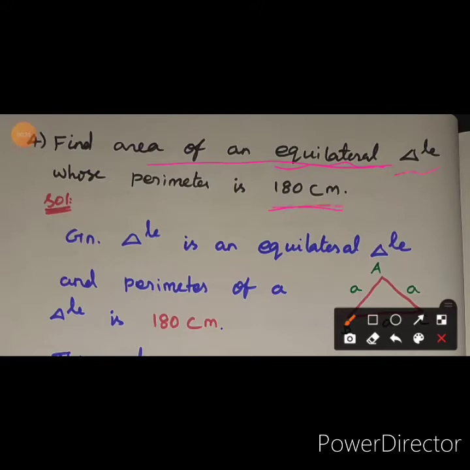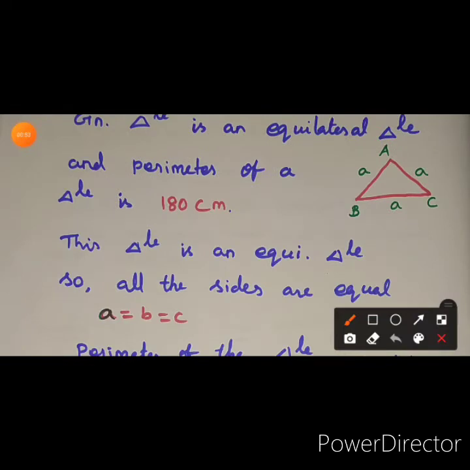Solution. Given triangle is an equilateral triangle, and the perimeter of the triangle is 180 centimeter. What is an equilateral triangle? Equilateral triangle means all sides are equal.